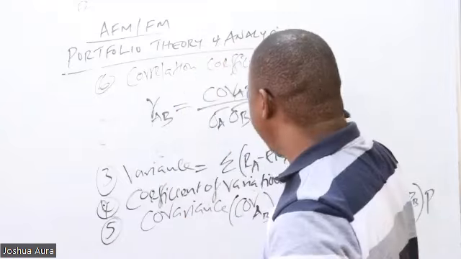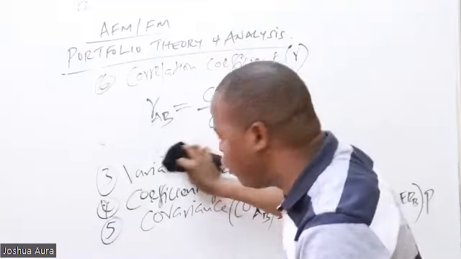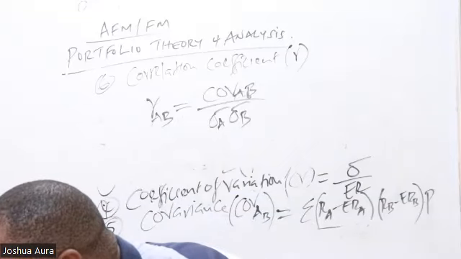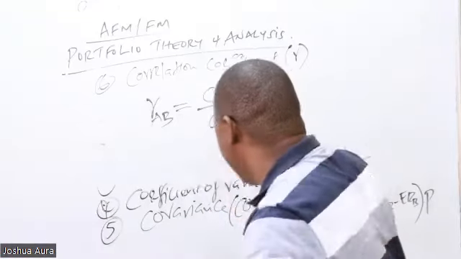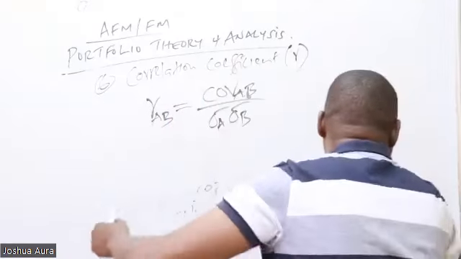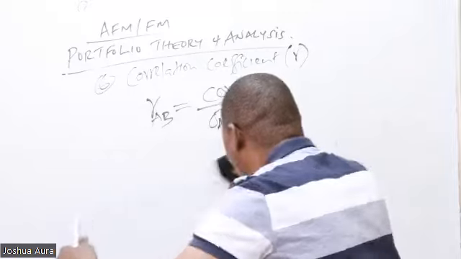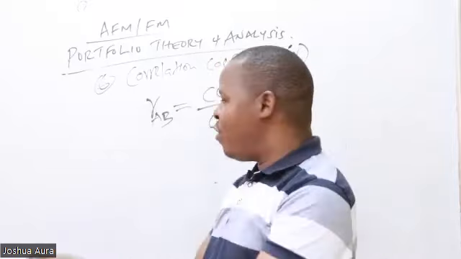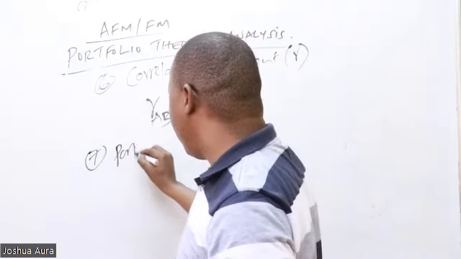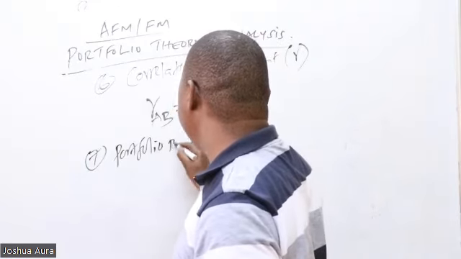The portfolio risk. Now the one with the bigger square root, the formula with the bigger square root. Item number 7, which is portfolio risk.